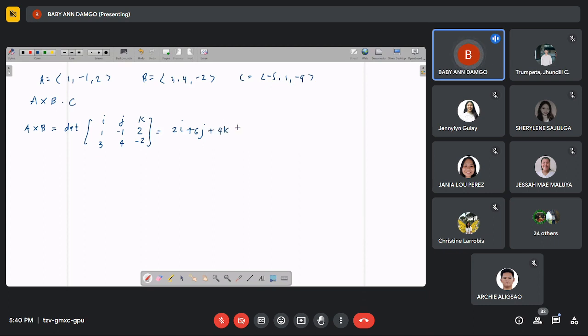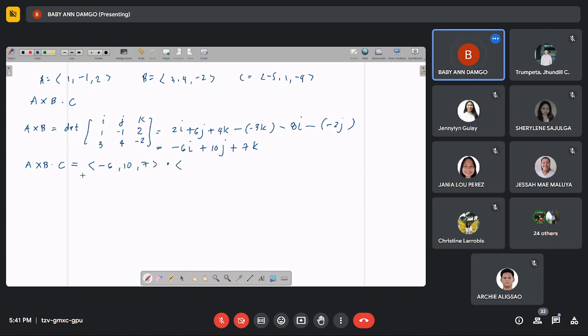For the reverse, we have minus negative 3k, minus 8i, minus negative 2j. So we simplify, this is 2i minus 8i, this is minus 6i. J is plus 10j, and then k is 7. So for A cross B dot C, this is minus 6, 10, 7.